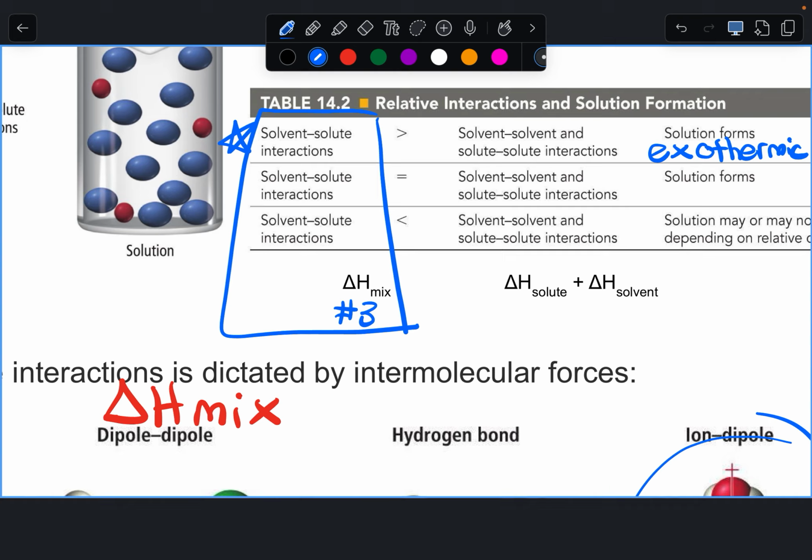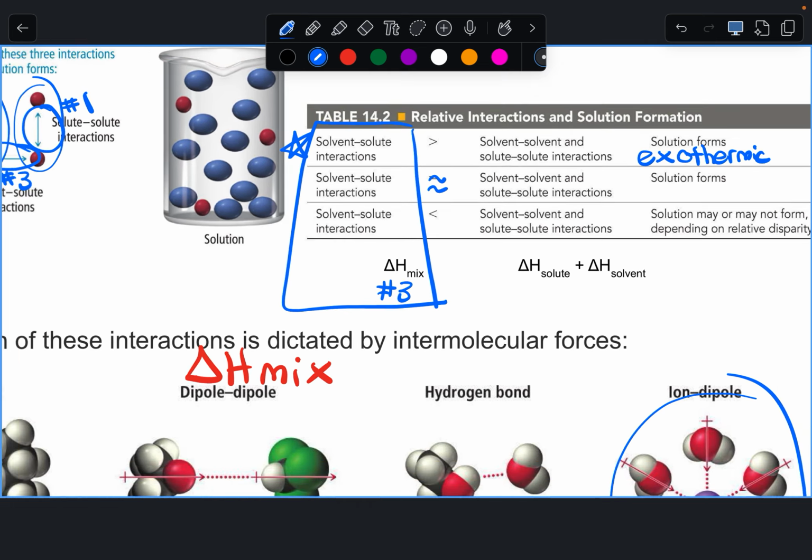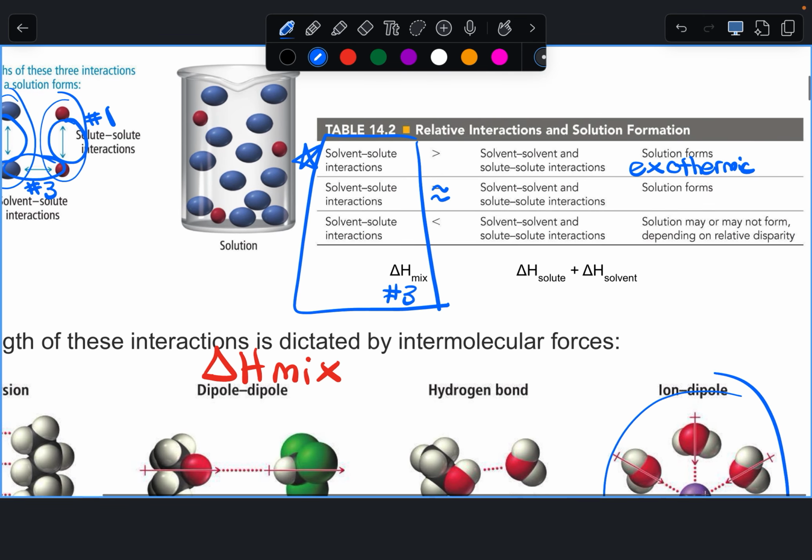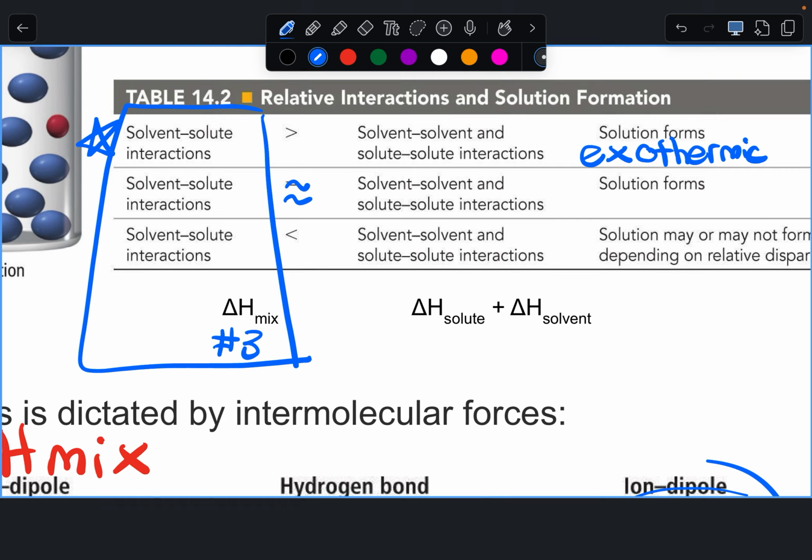But what about if they're kind of similar? So the second line there. What if the solute-solvent interactions, and I'm going to change that to approximately the same, not exactly the same. If they're approximately the same, then a solution will also form. So we'll label that as slightly exo or endothermic.